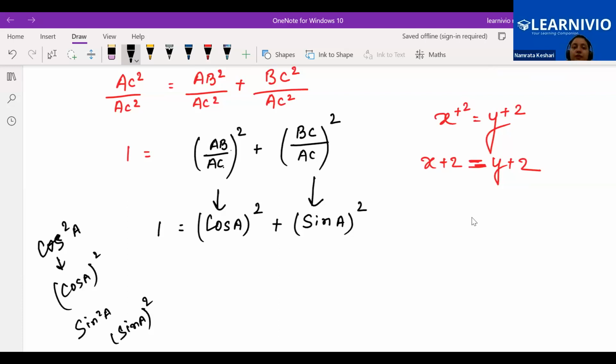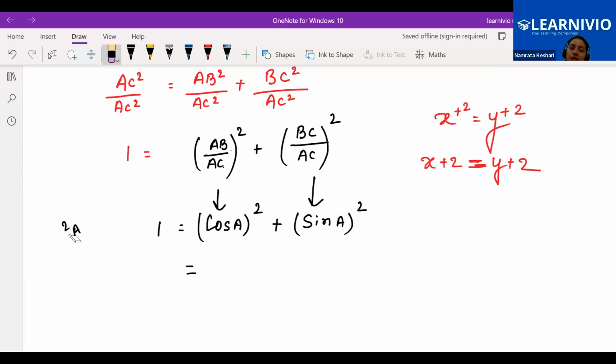Okay, now whatever we have got, we can write it as cos square A plus sin square A, and the other side is 1. So can we write it like this? Just a moment, I'm showing you. Can you see we got the first identity, that is sin square A plus cos square A is equal to 1. Yeah, we got the first identity. Okay, we proved the first identity.